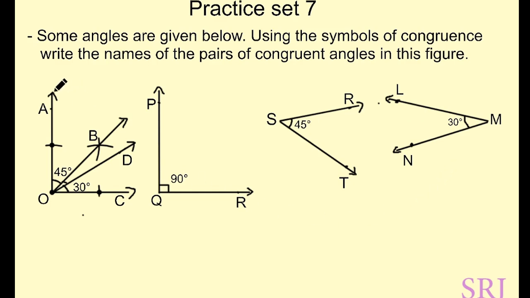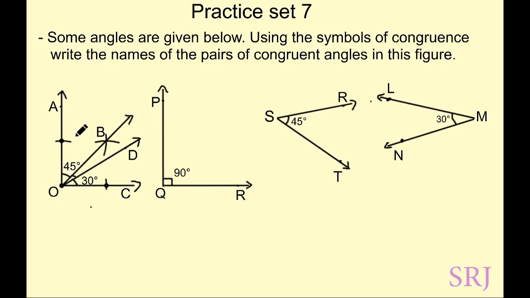So, first, let us take this angle. In this, you can see that angle AOB is how much? 45 degrees. Now, in this same angle, which is the other angle that is 45 degrees? This is 30 and the remaining one is 15. 30 plus 15 is again 45. And one more thing you can see here is that there is an angle bisector over here.